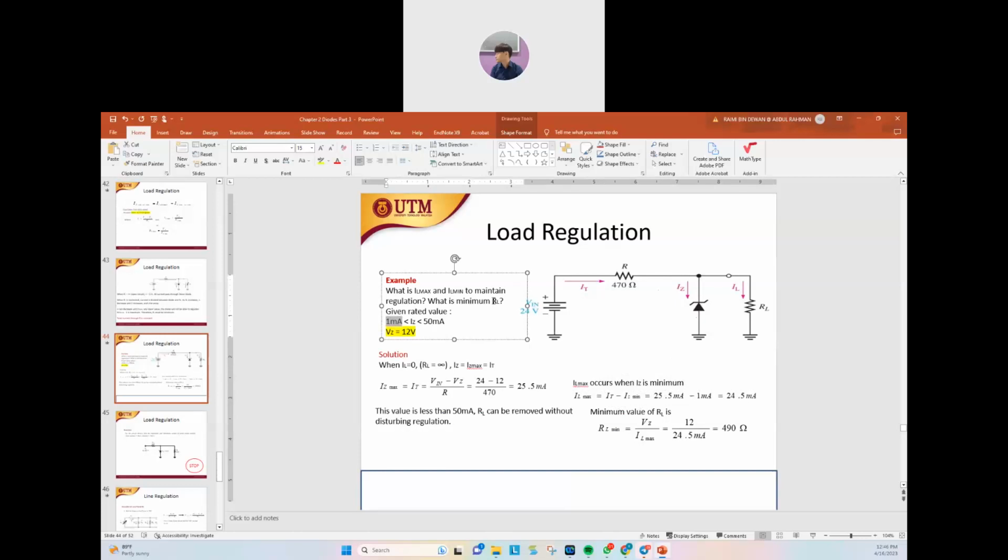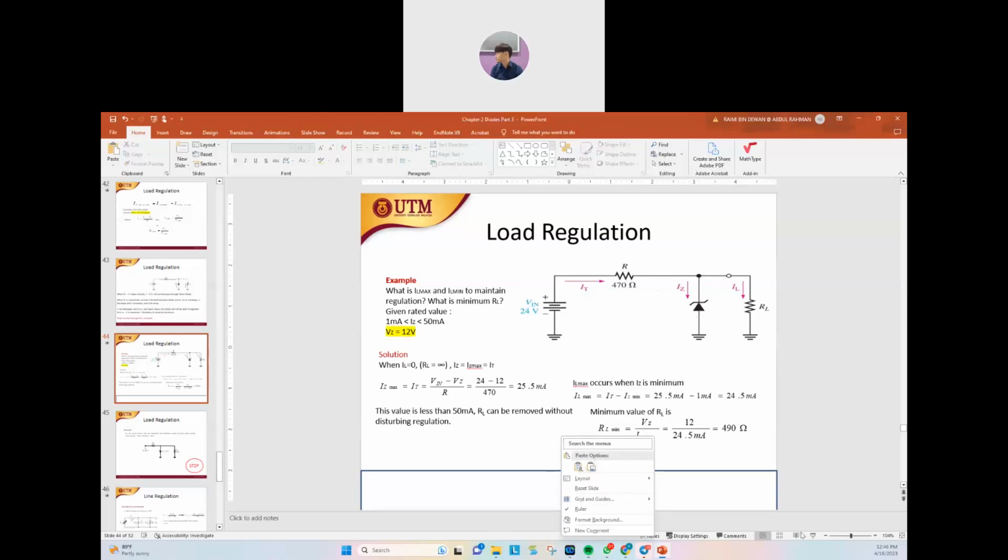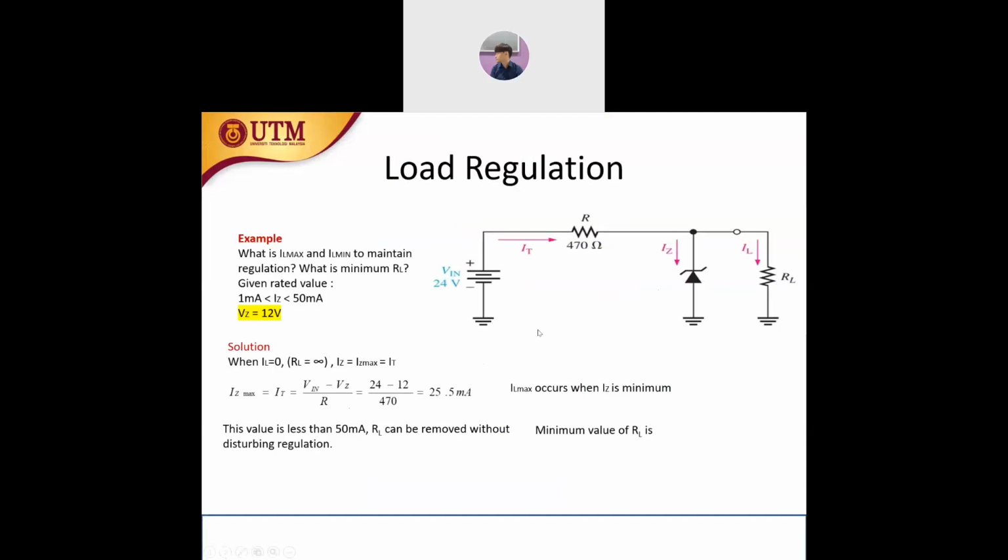What is the minimum RL? By Ohm's law, V equals IR. To get RL min, if the resistance is minimum, the current is maximum, just like what we showed last time.